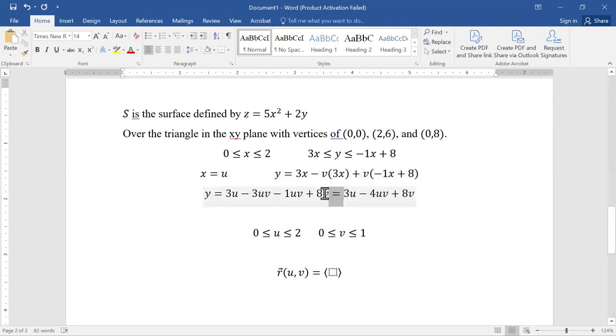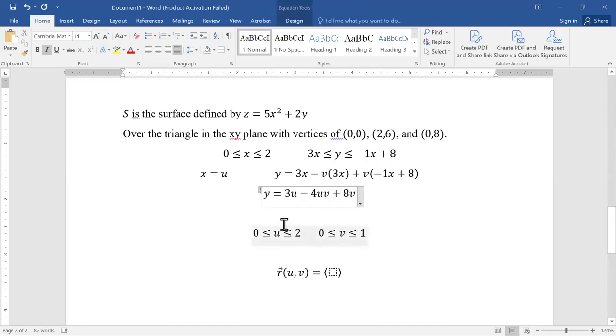In fact, I'll just delete that. So that's my value for y. And my value for z is what I'm going to get when I plug in u for x, and this 3u minus 4uv plus 8v for y.